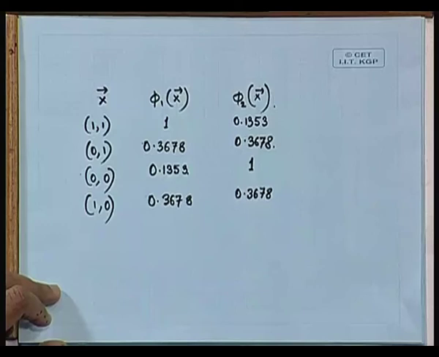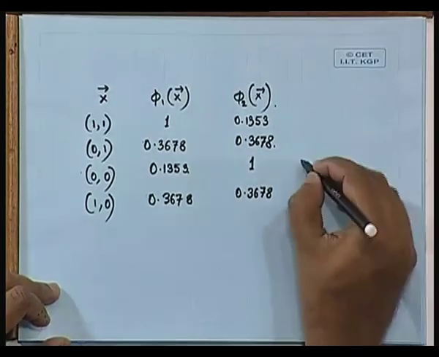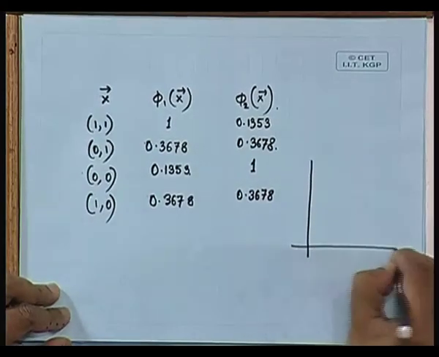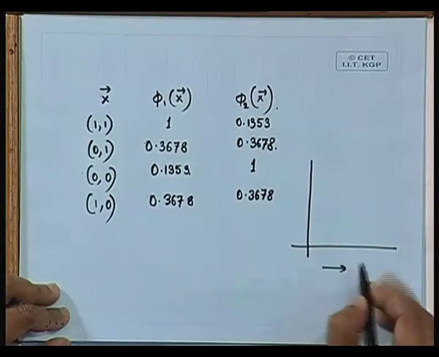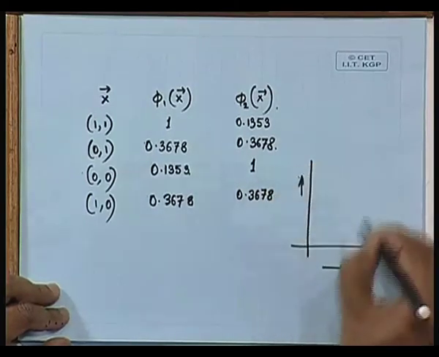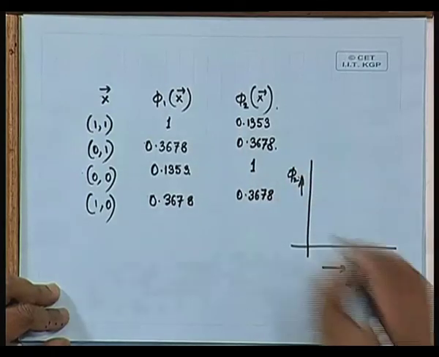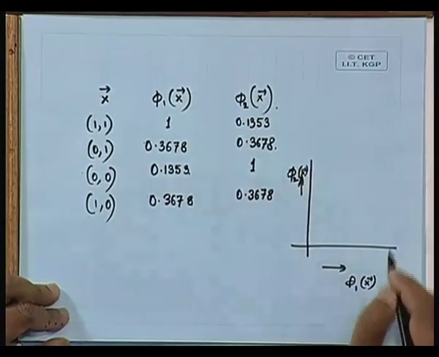Now we plot in what space? Not in x1, x2 space anymore. Now we have to plot it in the phi 1, phi 2 space, because that is our mapped space. So now we have phi 1 in this axis and we have phi 2 in this axis. So this is phi 1 x and this is phi 2 x, and we plot these values.